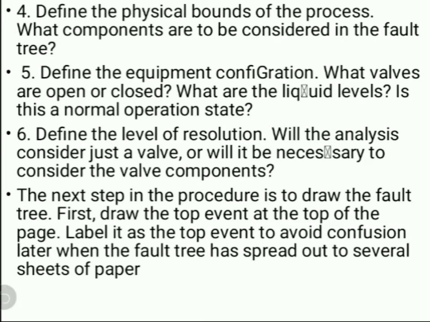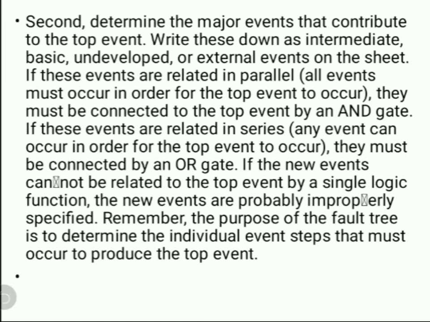The next step is to draw the fault tree. First we draw the top event at the top of the page and label it as the top event. Then we determine the major events that contribute to the top event and write them downward from the top event.